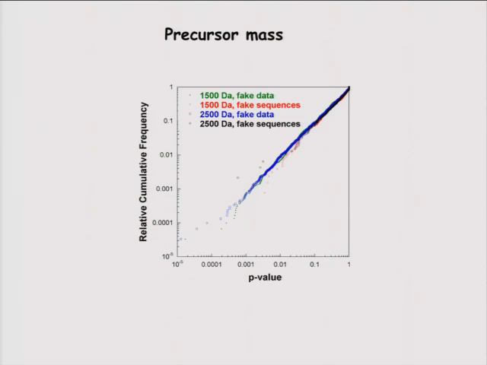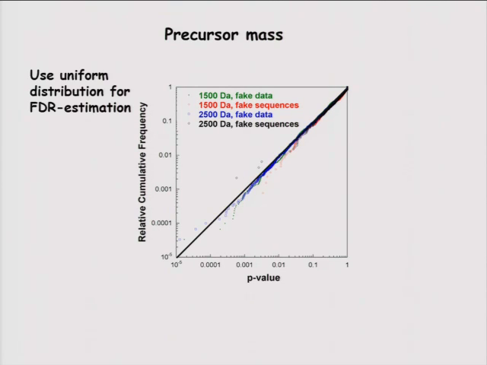So if we then instead use the p-value scoring, these false result distributions again collapse into this line, which is coming from a uniform distribution, and it doesn't matter again if we are using fake data or if we are using fake sequences, and it doesn't matter if we have 1,500 or 2,500.